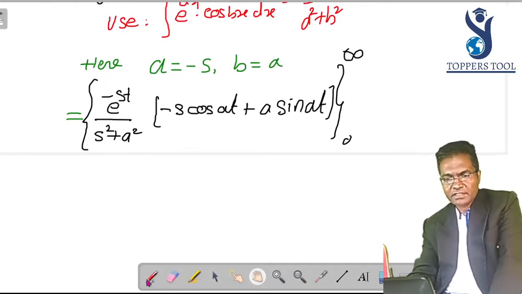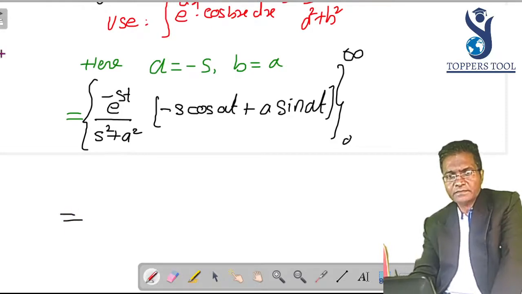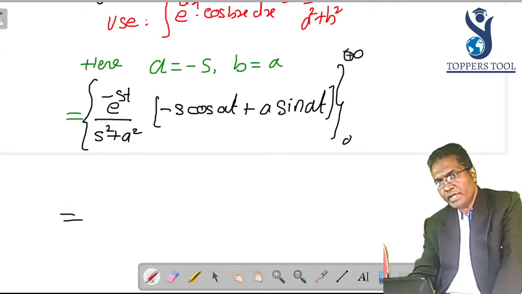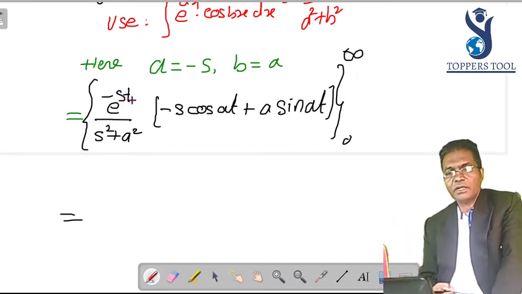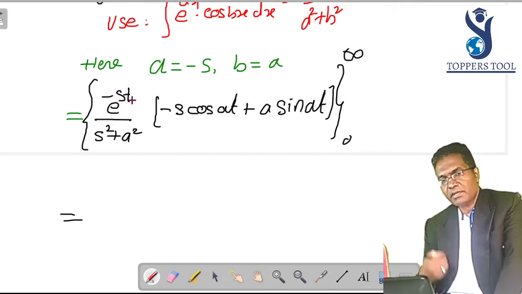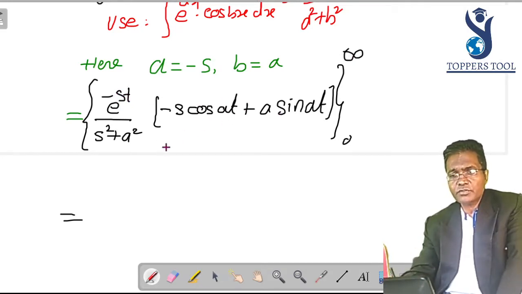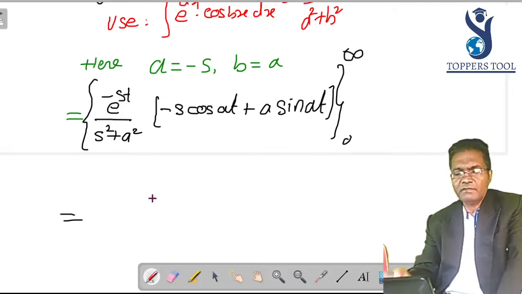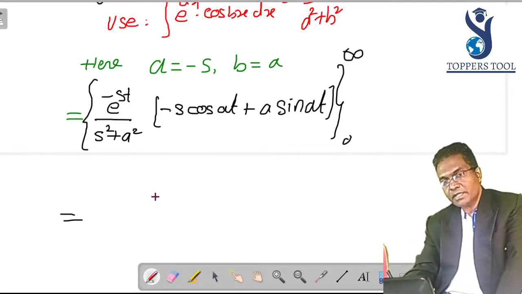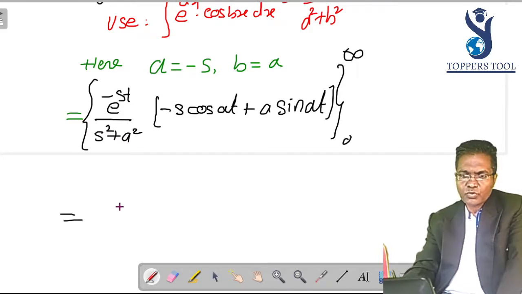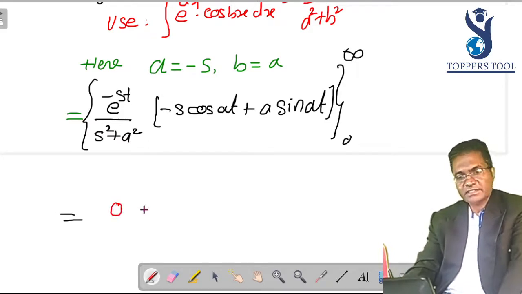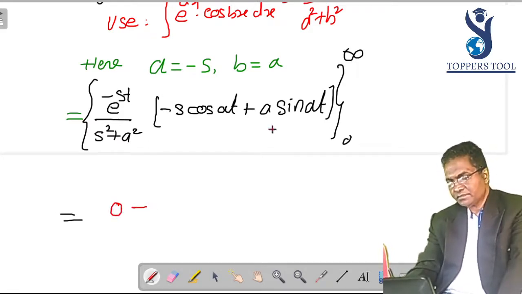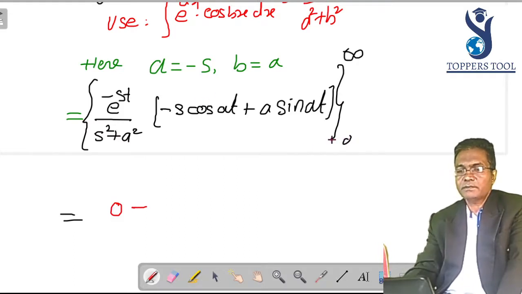Okay. Now, as I mentioned earlier, when you put this upper limit here, e power minus infinity is 1 by e power infinity, which is 1 by infinity, so this turns into infinity by infinity, and when you evaluate it by indeterminate form, it gets 0. So I directly write 0 at first, and now you can supply the upper and lower limits.